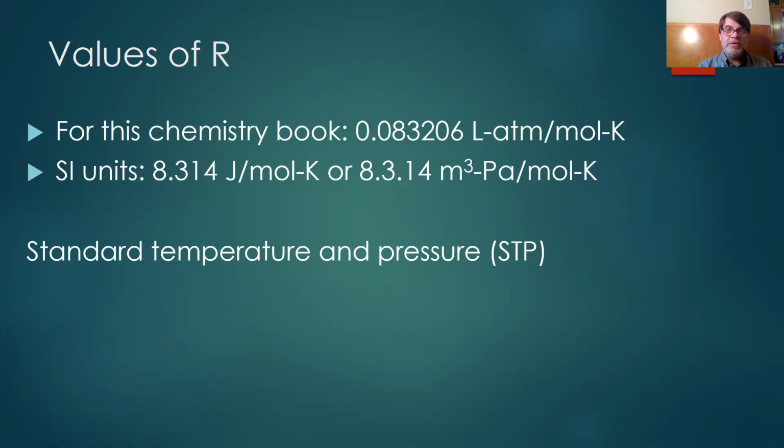Now, it's common in chemistry to talk about STP. STP means standard temperature and pressure. Standard temperature is 0 degrees Celsius, or 273 Kelvin, and 1 atmosphere. Okay, that is the standard temperature and pressure. So if something is at STP, you're going to assume that it's at this temperature and pressure.